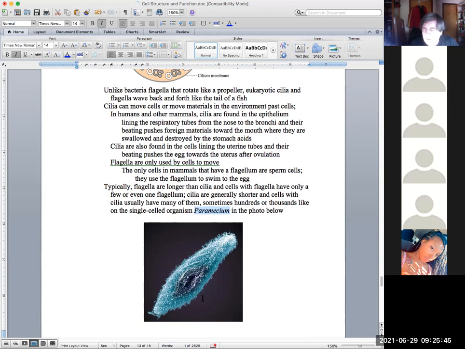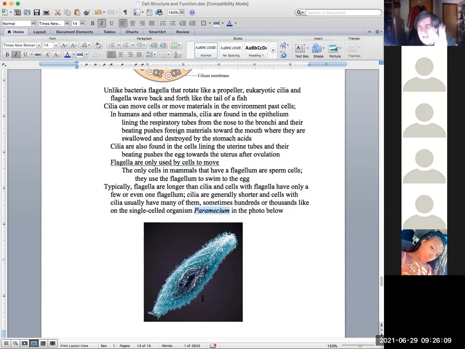The only human cell that has a flagellum that swims to where it needs to go is a sperm cell. We find cilia in 2 different locations in the human body, but the cells that have cilia on them are kind of anchored in place. They can't move.